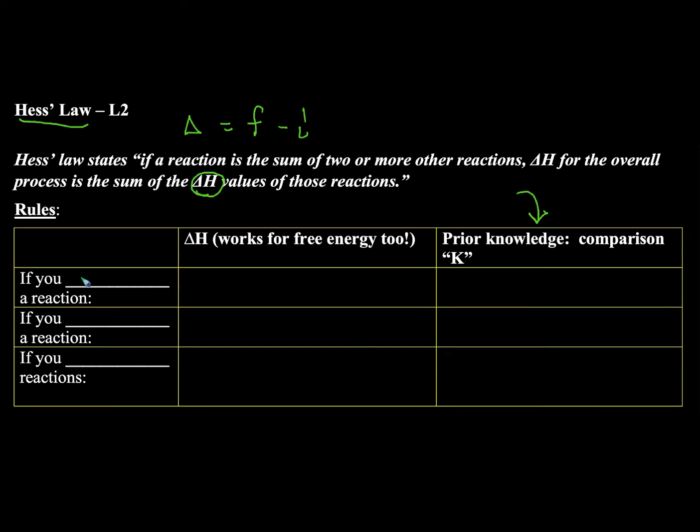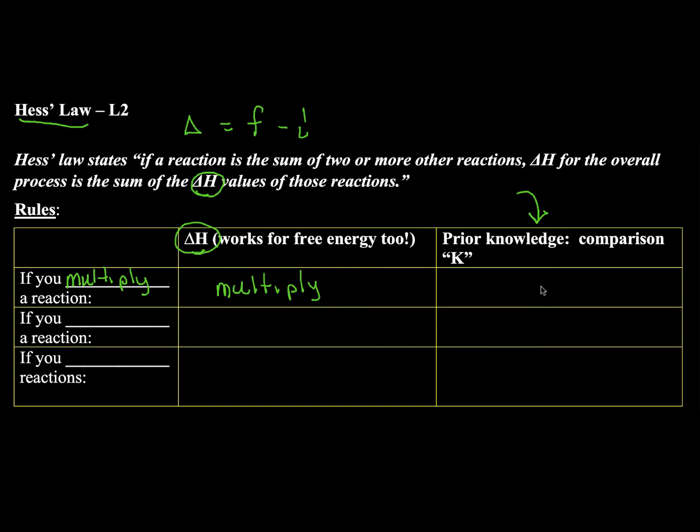So the first is if you multiply a reaction by a factor. So you can multiply it by a half, you can multiply it by 2, whichever factor is convenient for solving the problem, frankly. Then what you do to the enthalpy for that particular reaction is you multiply it by that same factor.